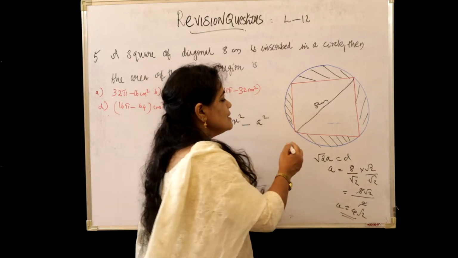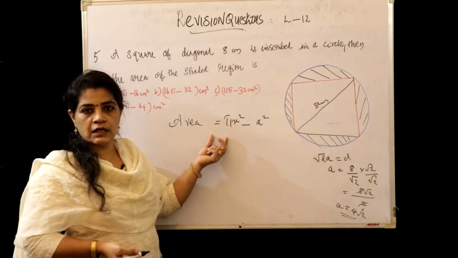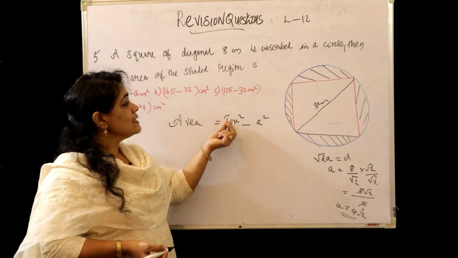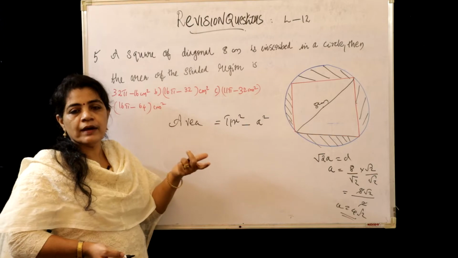Okay, this is the side of the square, and we can substitute the values here. The answer is in terms of pi, so we can keep pi as it is.